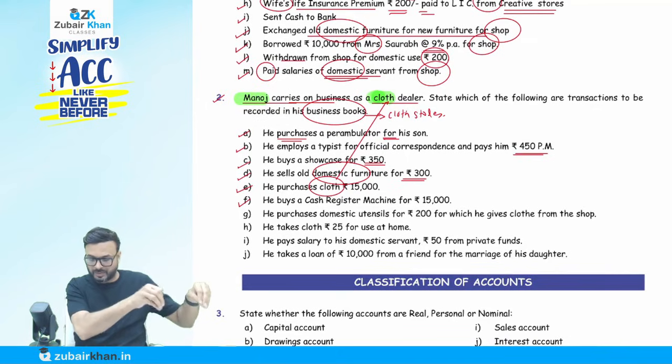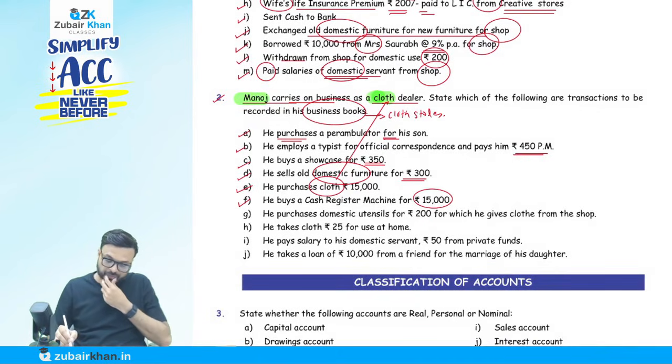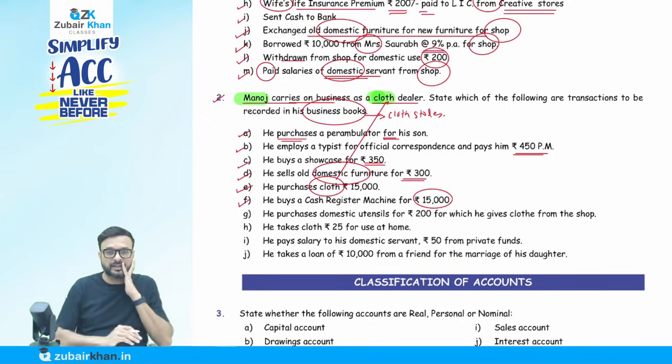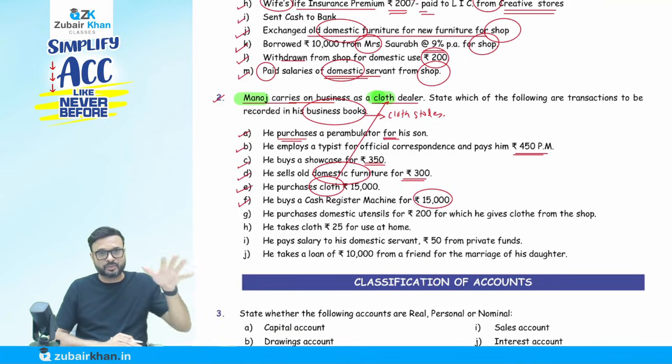Okay, this is a machine where we keep the cash, for 15,000. So you have to apply your basic knowledge, basic meaning common sense. What is this cash register? Obviously it is the register where we keep the cash, that machine where we keep the cash, and that is for the purpose of business.